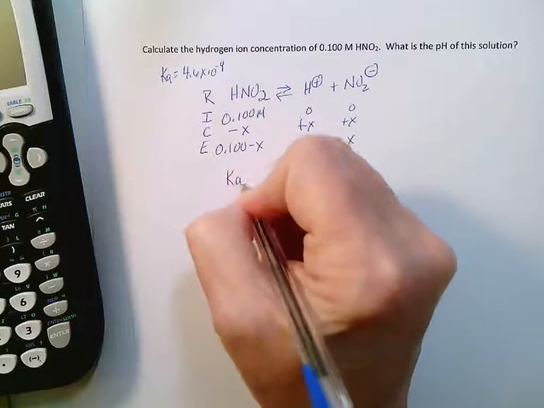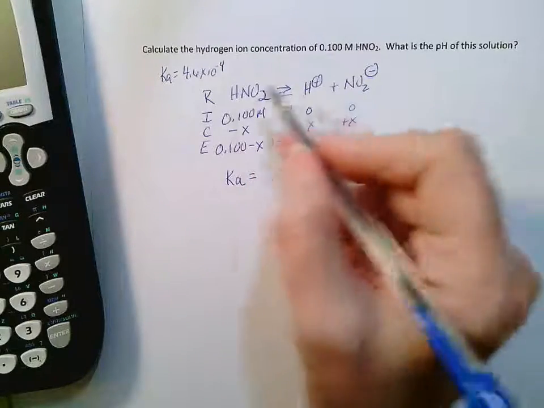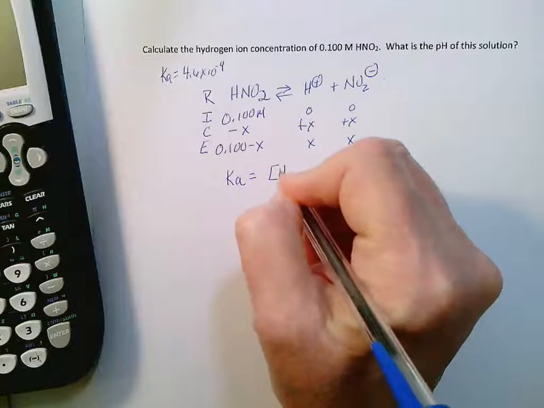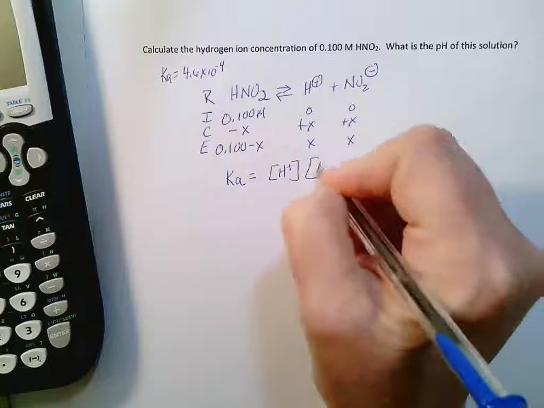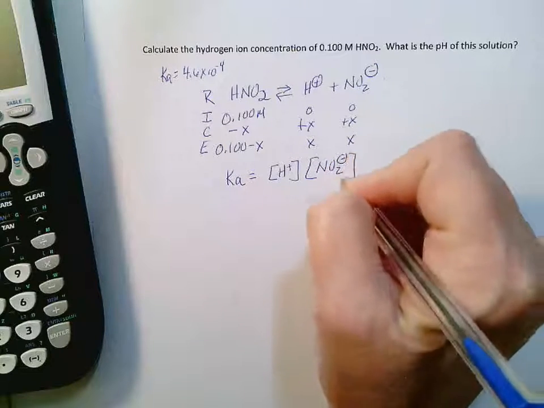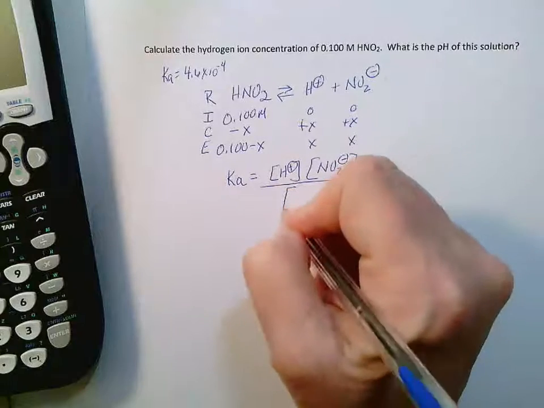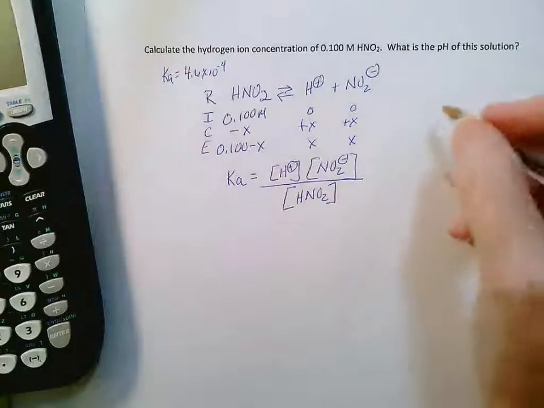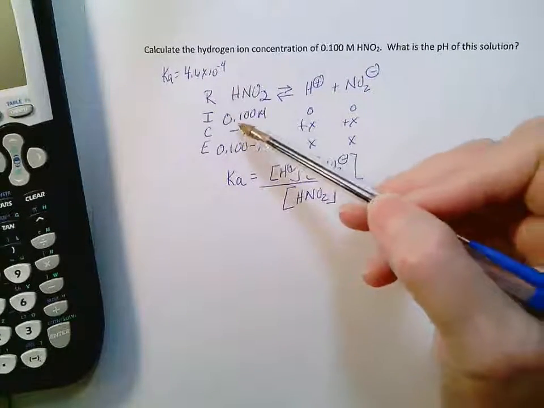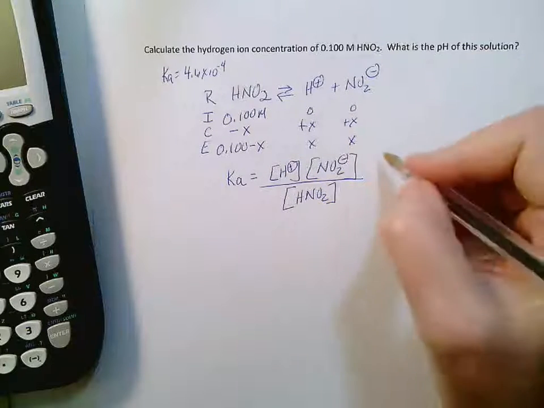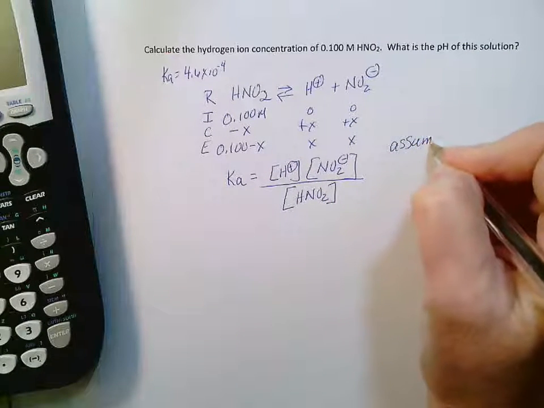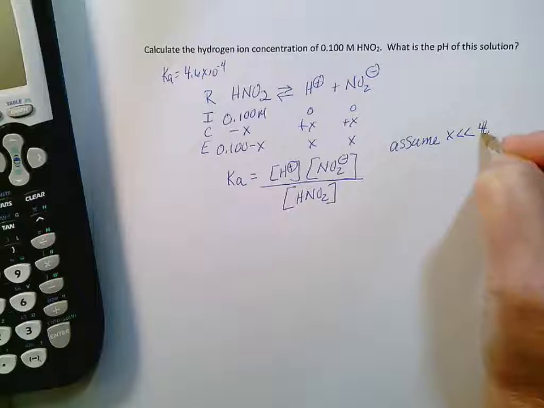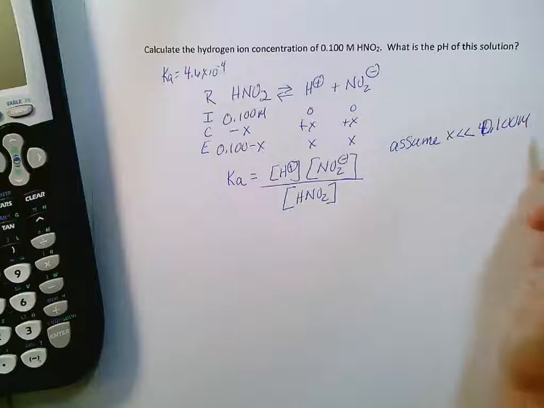If I'm writing the Ka expression, or the equilibrium expression for this reaction, same as any other equilibrium, it would be the concentration of hydrogen ions times the concentration of NO2 minus ions divided by the concentration of HNO2. Now, since this number is pretty small compared to this number, I'm going to assume that X is much smaller than 0.100 molar.